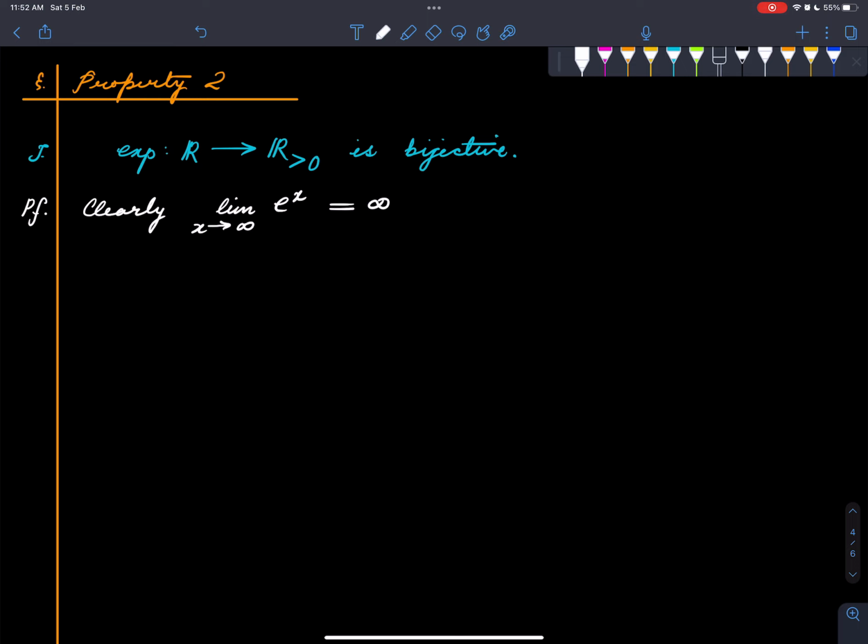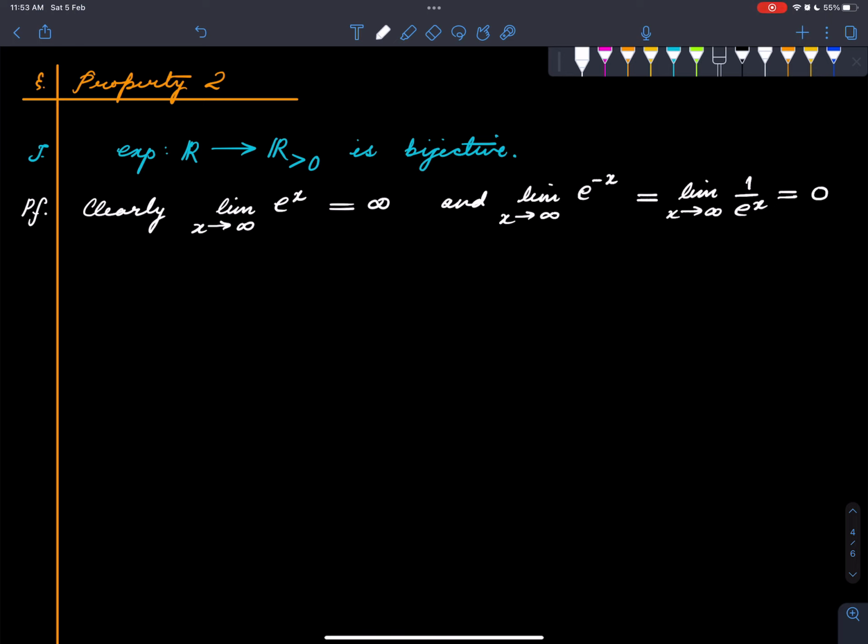And hence, limit x going to 0, like x going to infinity, e to the minus x, which we just showed, is equal to limit x going to infinity 1 upon e to the x, which is 0.